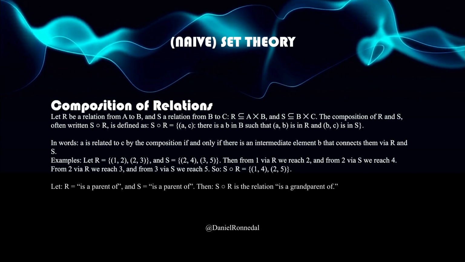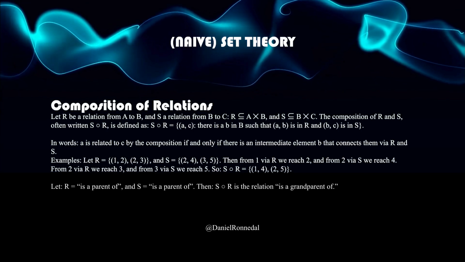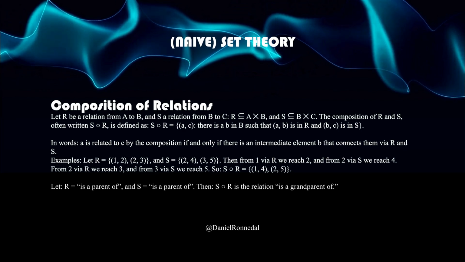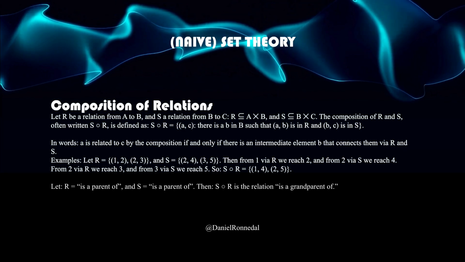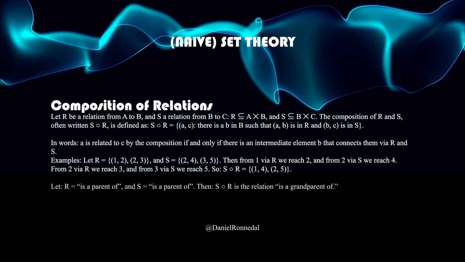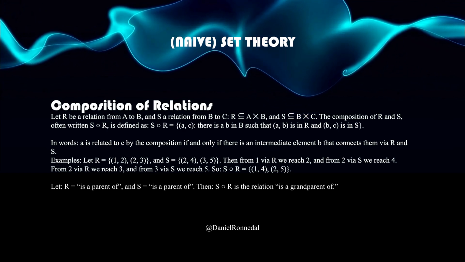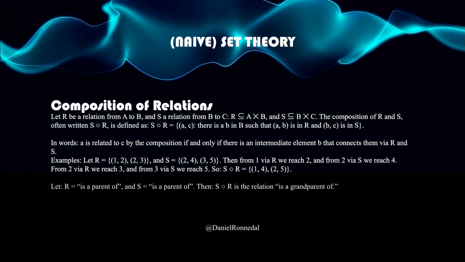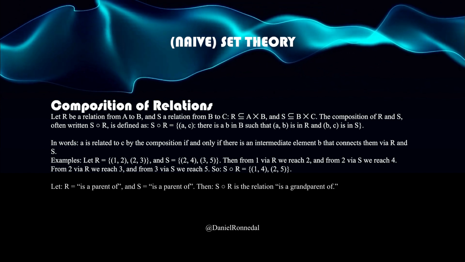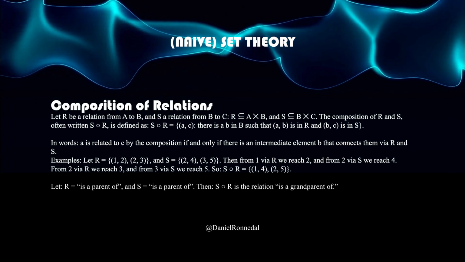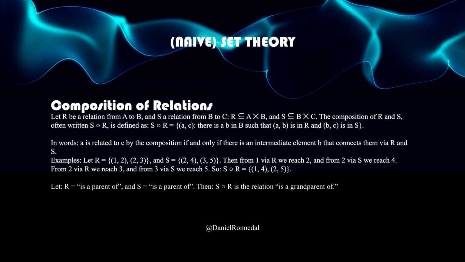Examples: let R be this set, whose only members are the ordered pairs (1, 2) and (2, 3), and S be the set whose only members are the ordered pairs (2, 4) and (3, 5). Then from 1 via R we reach 2, and from 2 via S we reach 4. From 2 via R we reach 3, and from 3 via S we reach 5.